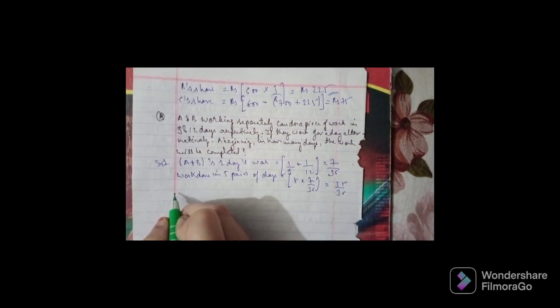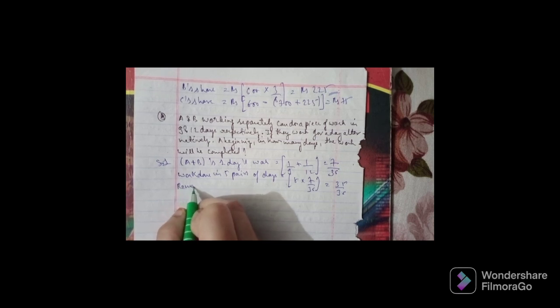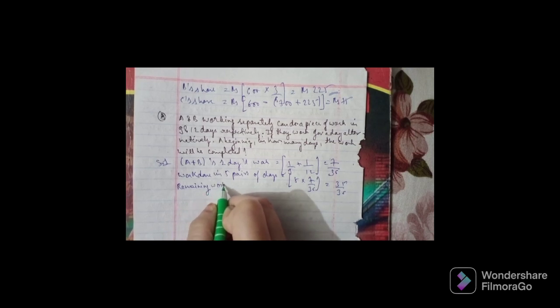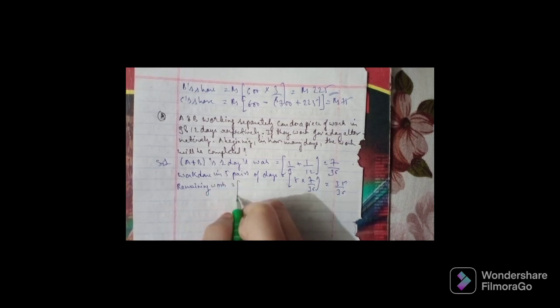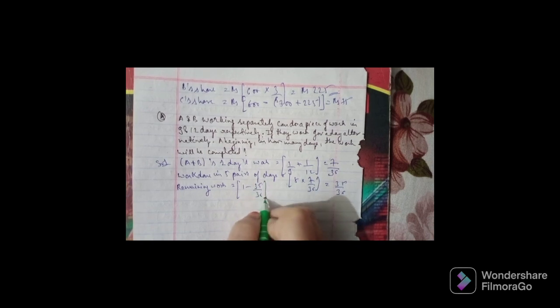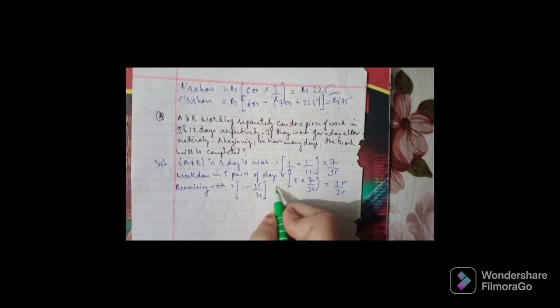Remaining work is one minus 35/36, that is equals to 1/36.